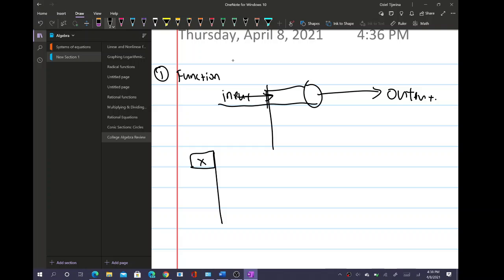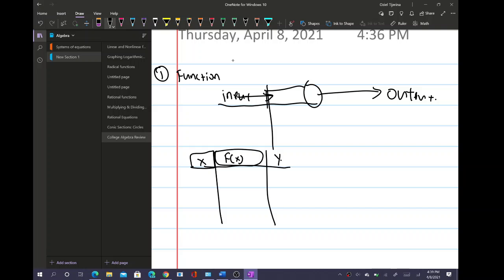If we have an input x, this is kind of the machine. And I know this is a really bad drawing, but this is a machine, and this is our function f of x, and then we're going to have our y values, so it'll be something like this, right?